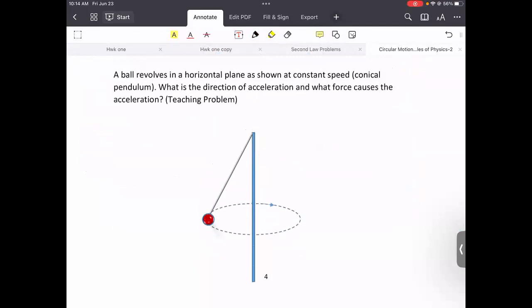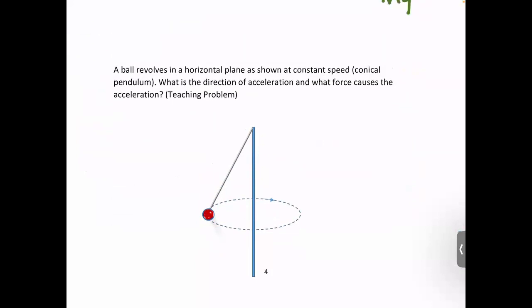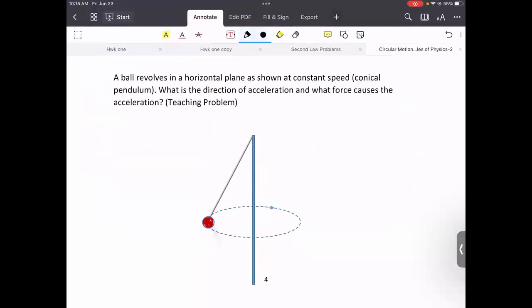Here is an example. A ball revolves in a horizontal plane as shown at a constant speed. That's a conical pendulum. What is the direction of acceleration and what force causes the acceleration? It's a teaching problem. Well, first of all, we need to understand that tensional force has to be drawn like this.